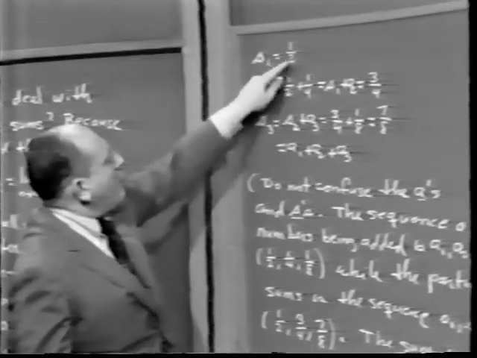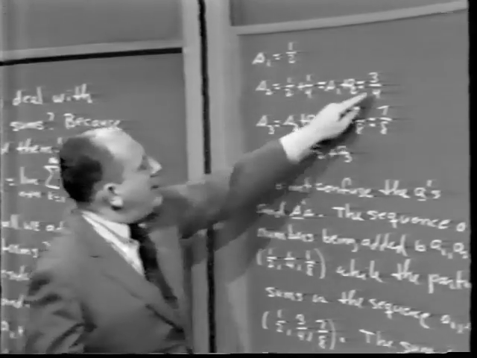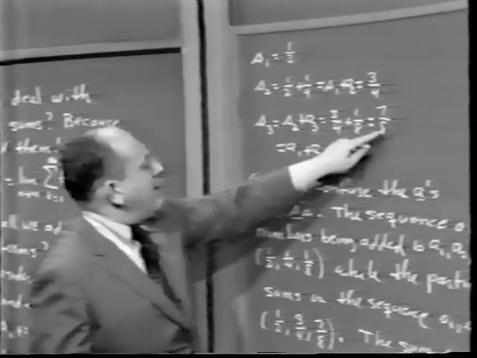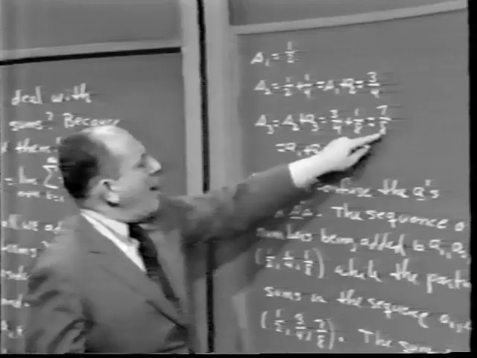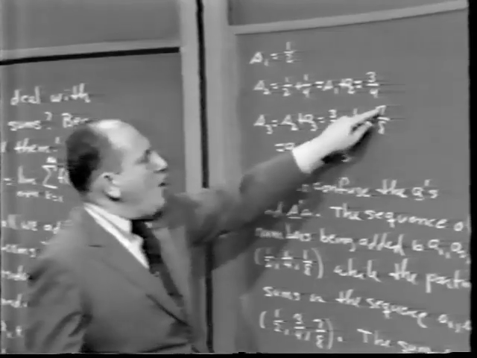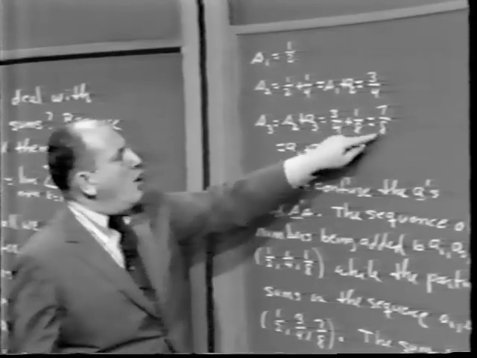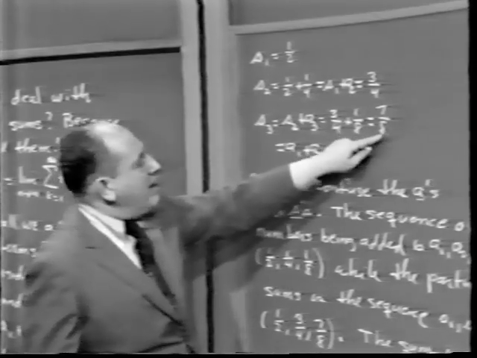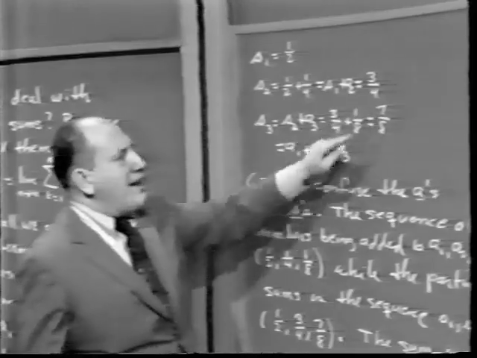See, 2 to the first power is 2, 2 to the second power is 4, 2 to the third power is 8. In other words, if your subscript is n, your denominator is 2 to the n. Notice that your numerator is always 1 less than your denominator. In other words, if your denominator is 2 to the n, the numerator is 2 to the n minus 1.